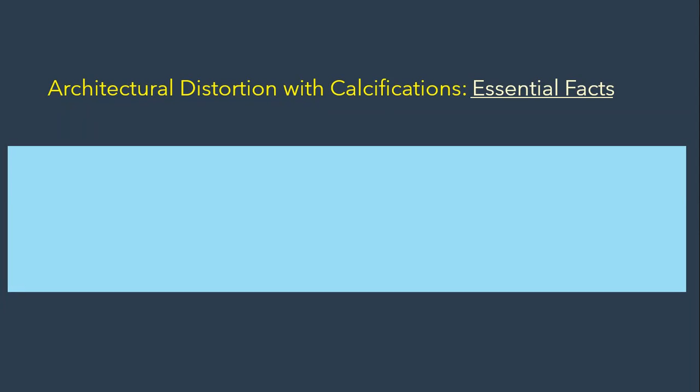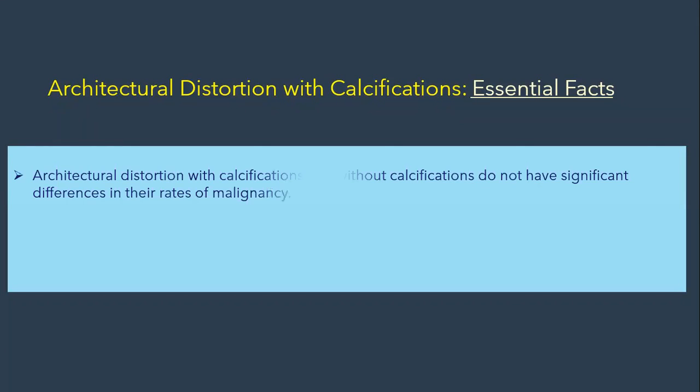So the calcifications are not going to affect the positive predictive value of architectural distortion a lot. The one with and without calcification is more or less the same, and did not give a significant difference in the rate of malignancy. What else?